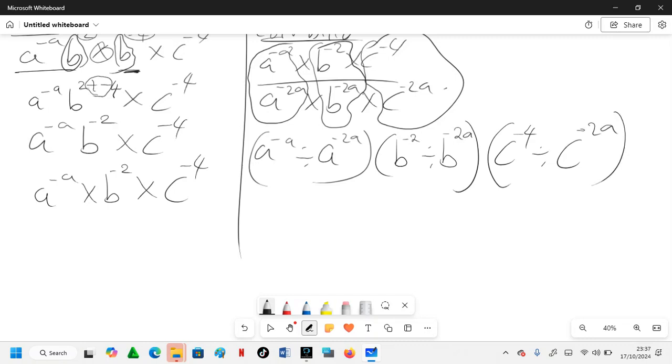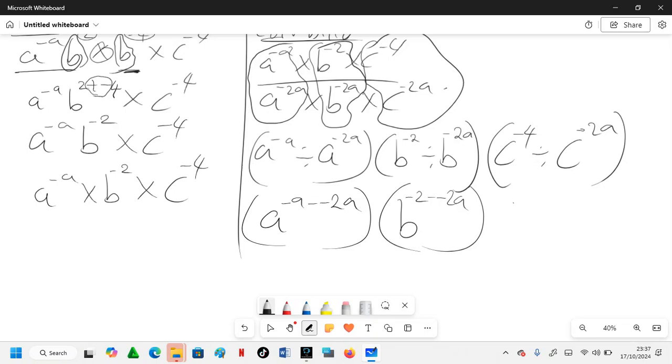Then we're going to just use the law of division, right? So that we say a to power negative a minus negative 2a, and then b to power negative 2 minus negative 2a, right? And then c to power negative 4 minus negative 2a.